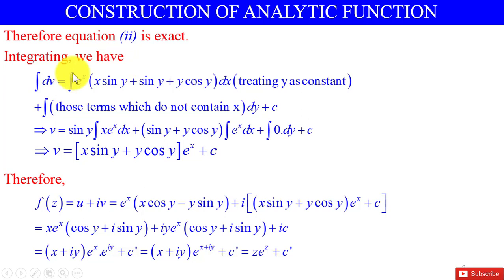Integrating, we have the integration of dv equal to the integration of e^x (x sin y + sin y + y cos y) dx, treating y as constant, plus the integration of those terms which do not contain x, into dy, plus c.